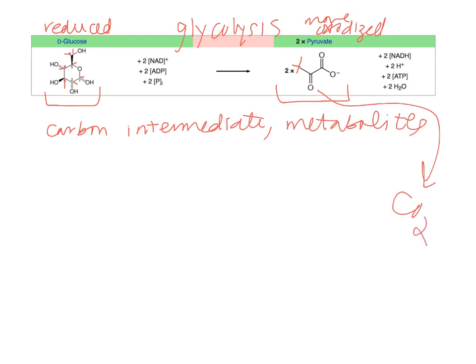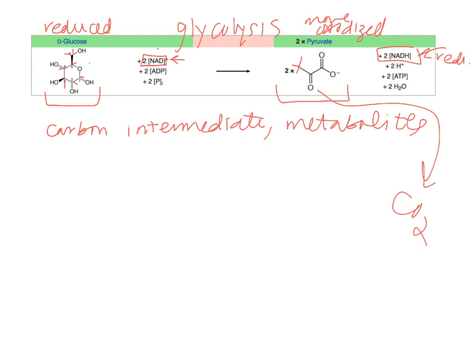So hopefully you can see that pyruvate is not CO2. 1, it's not called CO2, and 2, it's not carbon dioxide. But we have broken down some of the carbon-hydrogen bonds, and they are being moved from an NAD plus to an NADH. And again, the NADH here is more reduced than the NAD plus. So the electrons are going from glucose to NAD plus, which creates an NADH.